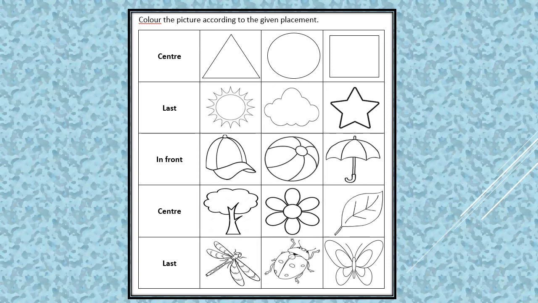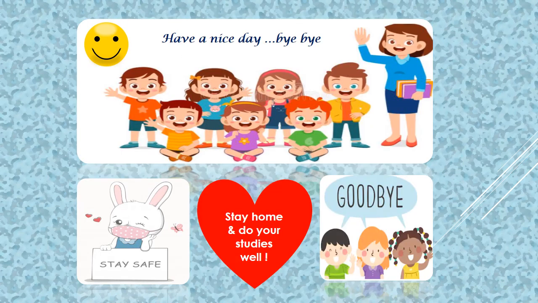Center means the middle item, and the last means the final item. Right. Now you can do this activity. Alright then, I hope you all will get an idea about the placement. We have learned 3 places: in front, center, last.